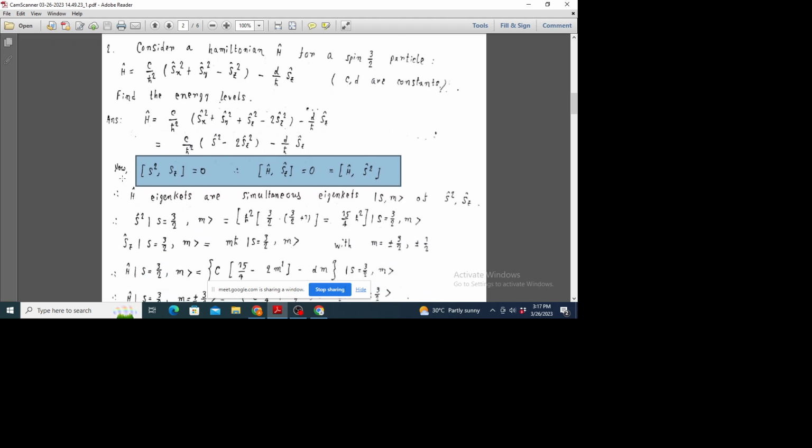So we can take the Hamiltonian eigenstates as the simultaneous eigenstates of S square and Sz, denoted by S comma M. S is the equivalent of L in the previous problem, and M is the Sz eigenvalue.